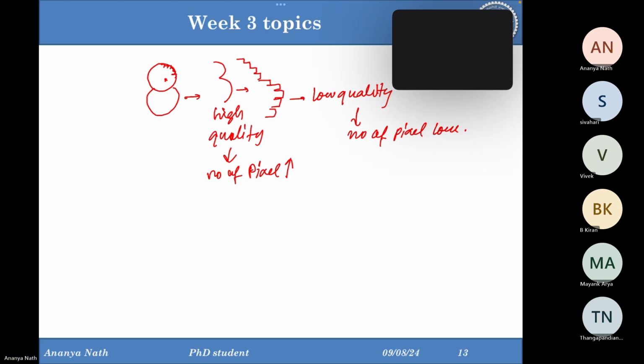The next thing is mask. Again, mask is like, there is a glass. When the light comes like this, it can fall over a scanner. This is a scanner. Scanner means mirror, which reflects back the light.